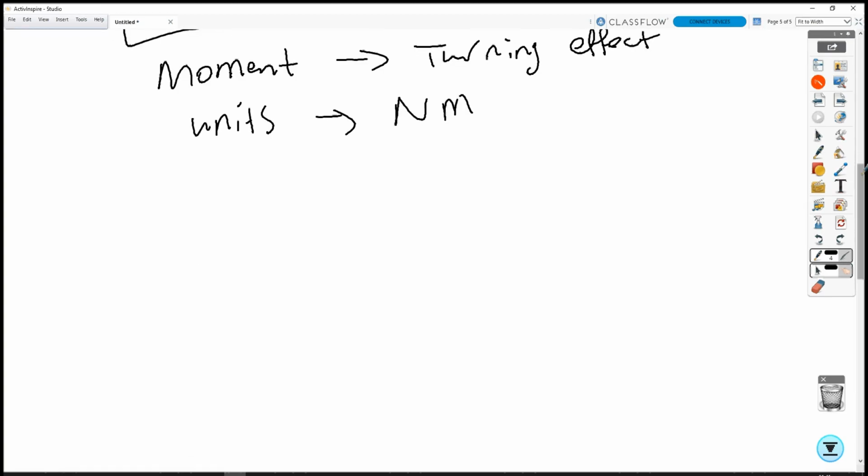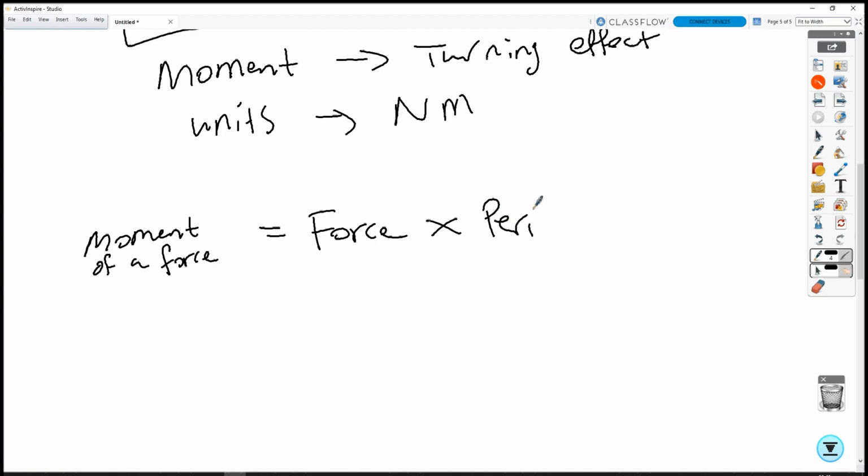The equation for it, moment of a force, is equal to force times perpendicular distance.